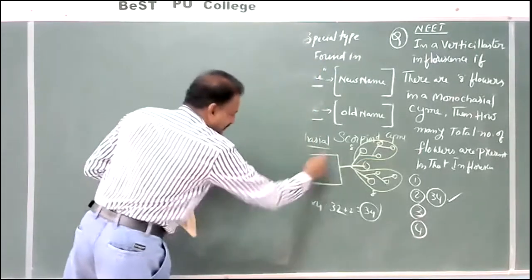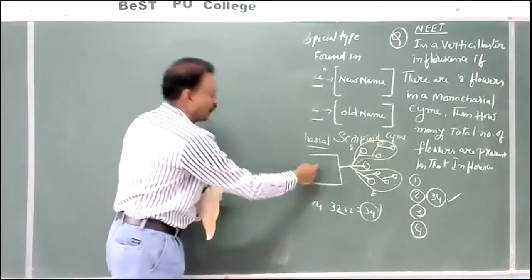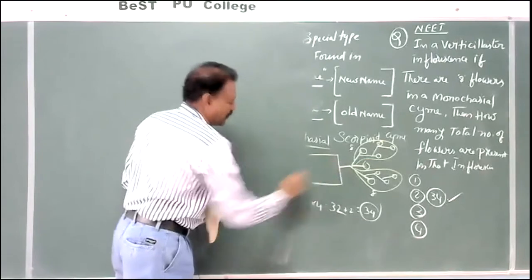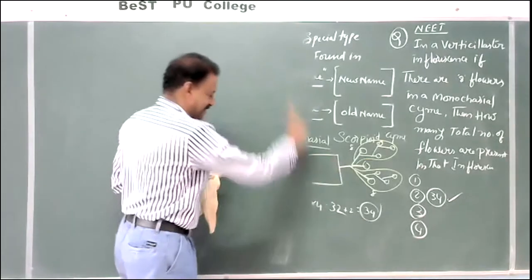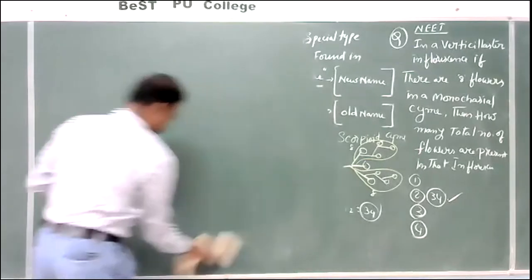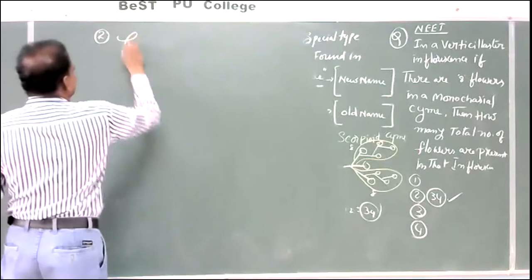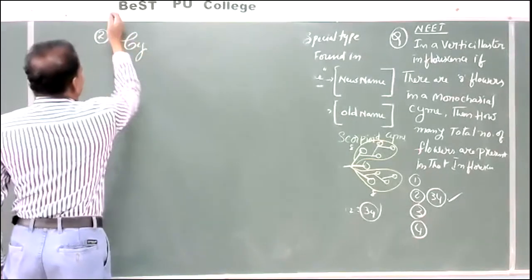What is this structure? If I ask a question, node, this is called node. On the axis. Second inflorescence, Cyathium.